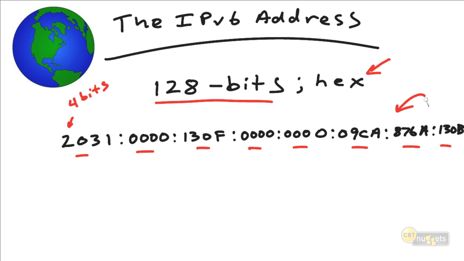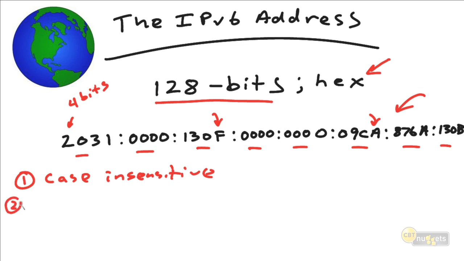So there are 3 tricks I want you to master. Trick number 1 is the fact that the hex is case insensitive. That's right. You can go ahead and put the hex F or the A in upper and lower case. The Cisco device is not going to care. Okay, good to know. The second trick is about leading zeros.